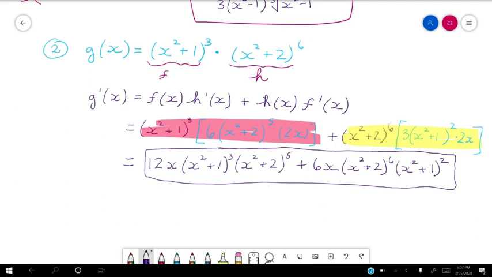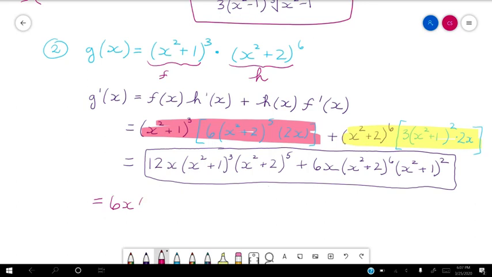Sometimes our textbook, or sometimes we might want to take it a step farther. And if we wanted to do that, we could factor out a common factor, okay? The greatest common factor. So for instance, if we start with the coefficient, 6 is the greatest common factor. Then we have a factor of x in common. And x squared plus 1 is in common in both. And let's see, take the lesser exponent.